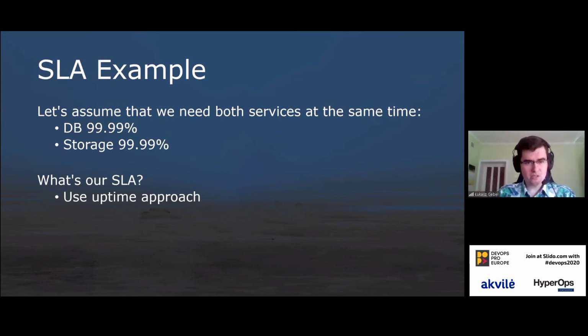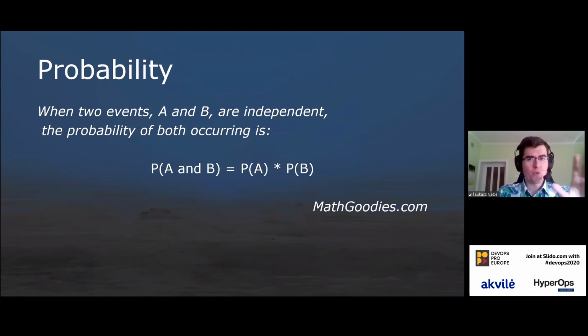So let's use the uptime approach for calculating our SLA. We'll use probability, and two events, A and B, are independent. The probability of such independent events is simply the probability of event A times the probability of event B. And we will use this definition.